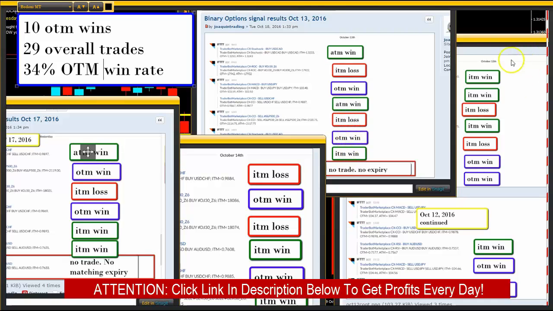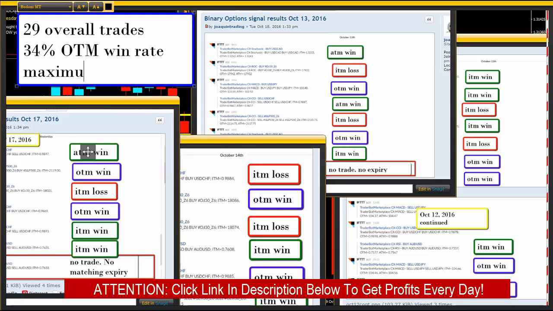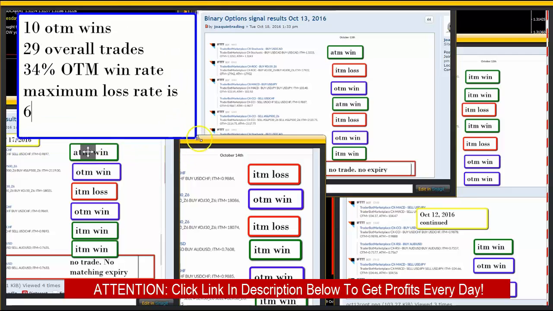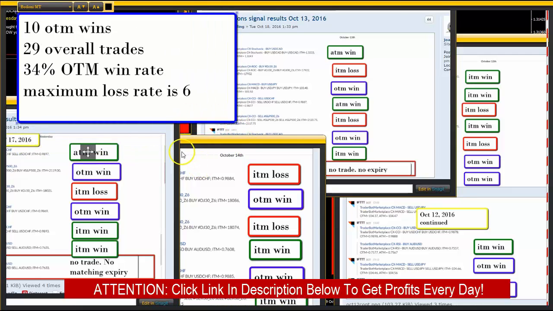Then we go 1, 2, 3, 4, 5, 6. 6 consecutive losses before another OTM win. Then we've got 2 OTM wins, not an OTM win, and then 2 more. So the maximum loss rate is 6 in between OTM wins.